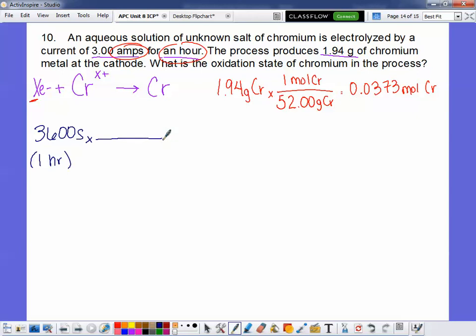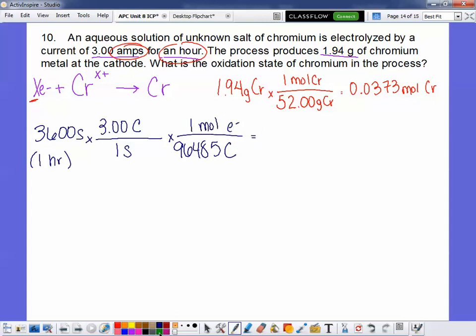So, what am I converting seconds to? Coulombs. Because an amp is a coulomb per second. What am I converting coulombs to? Moles of electrons using 96485 coulombs and 1 mole of electrons on the top.